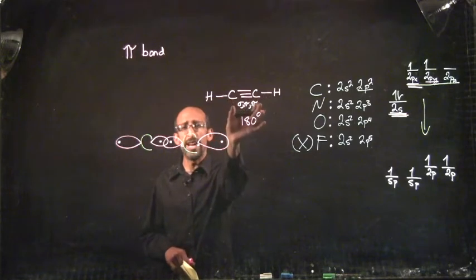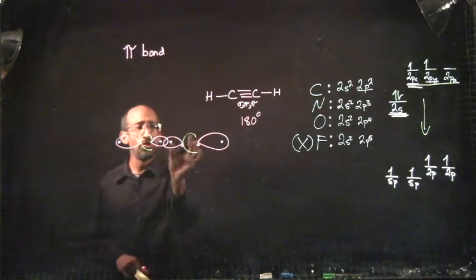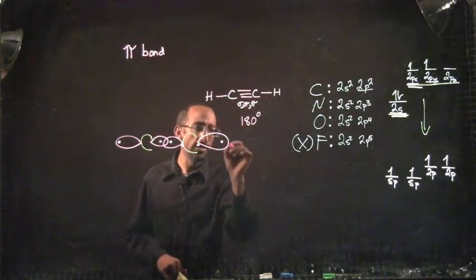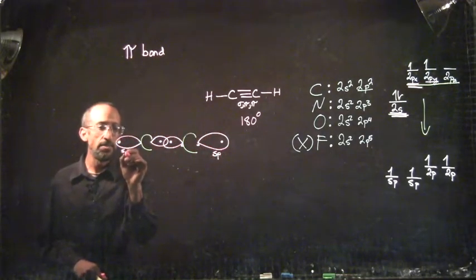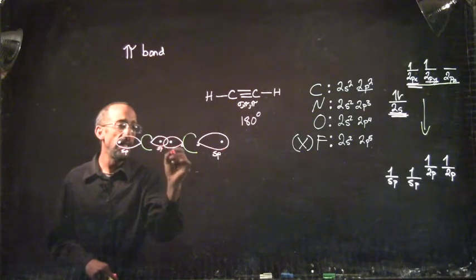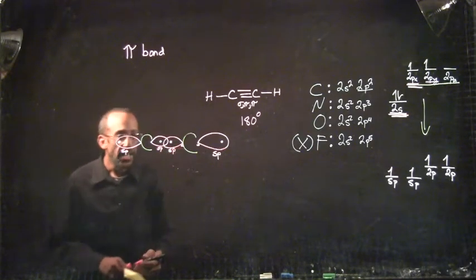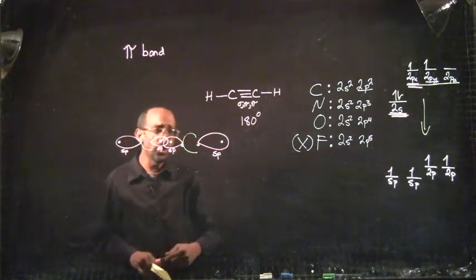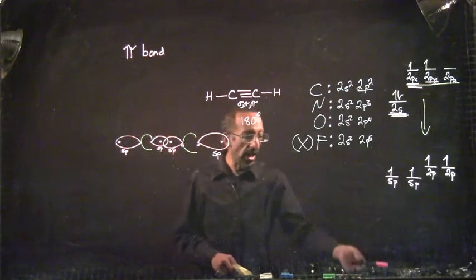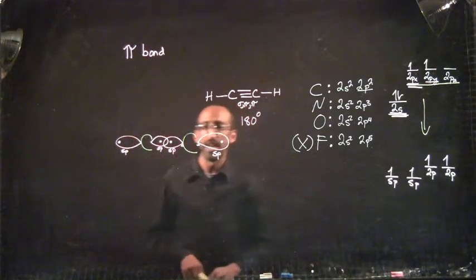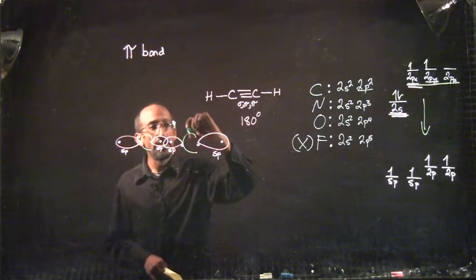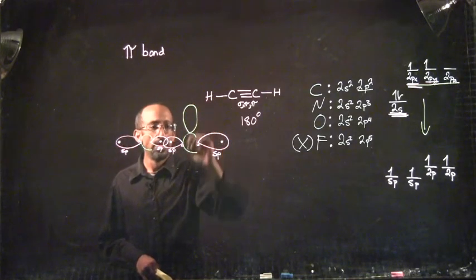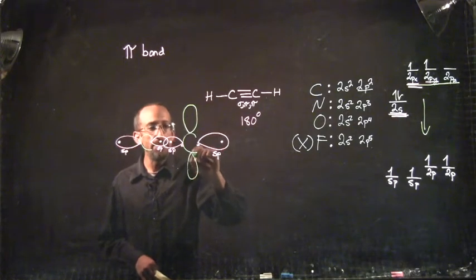We have two carbon atoms. Each carbon atom has two sp hybrid orbitals. This is sp, sp, sp, and sp. That leaves for us on each carbon atom two unhybridized p orbitals that we need to account for. And so we'll have one of those two p orbitals above and below the carbon atom.